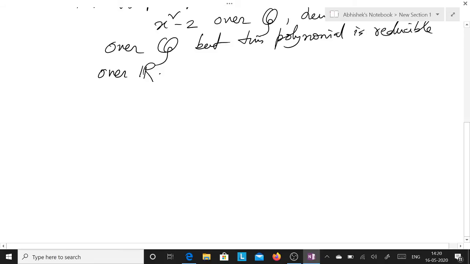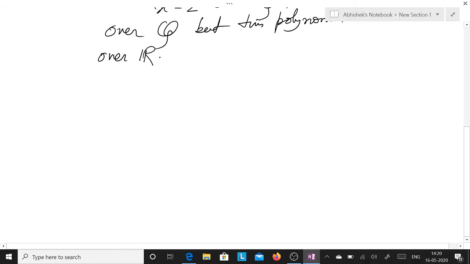Now the test of irreducibility by finding these roots will work well for quadratic and cubic polynomials.